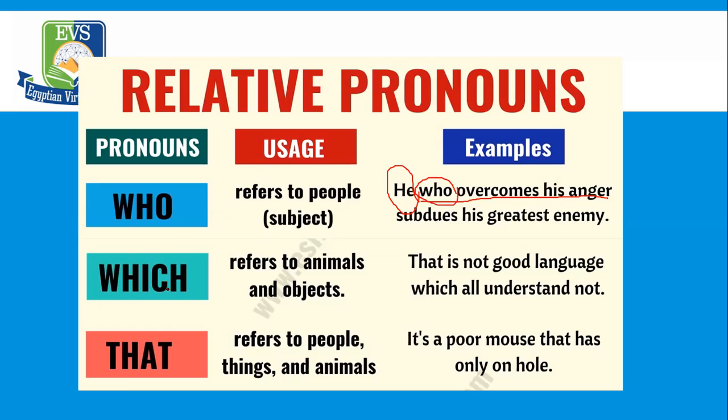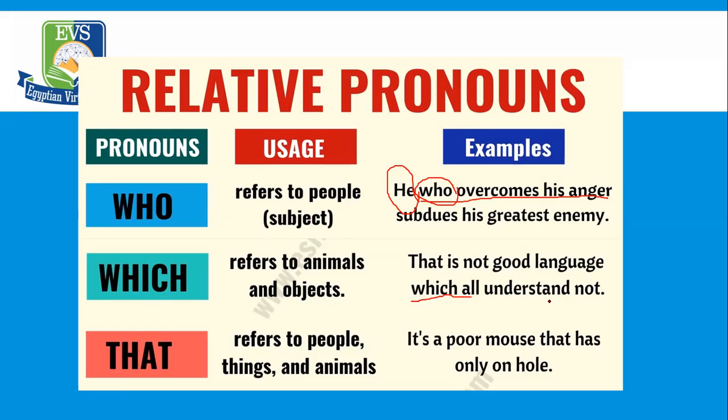Great. Moving to the second pronoun here, the relative pronoun which, and it refers to animals and objects, when we refer to animals or objects or things. That is not good language which all understand not. Which is the relative pronoun, which all understand not or can't understand it well.